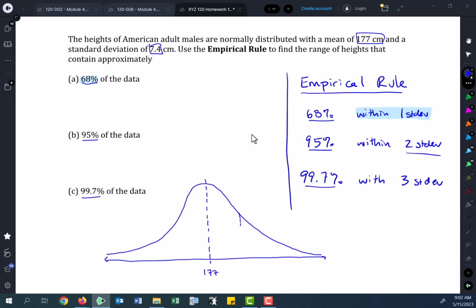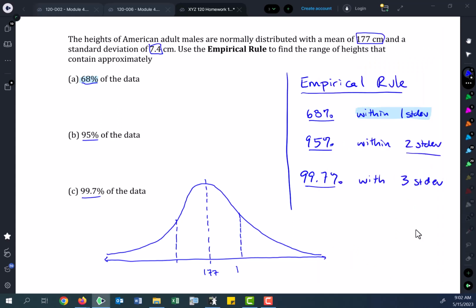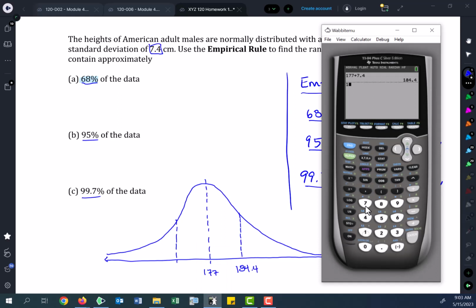So I can start marking off these values by adding and subtracting that standard deviation from our mean. If you need to grab a calculator for that sort of thing, no problem. So 177 plus 7.4 gives me 184.4. And if I subtract 7.4 from 177, that gives me 169.6.